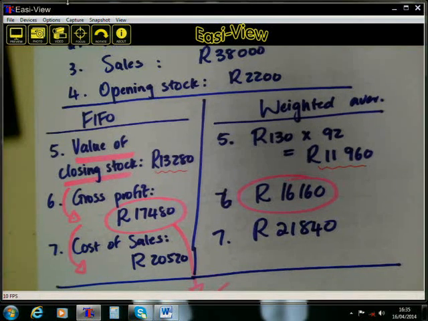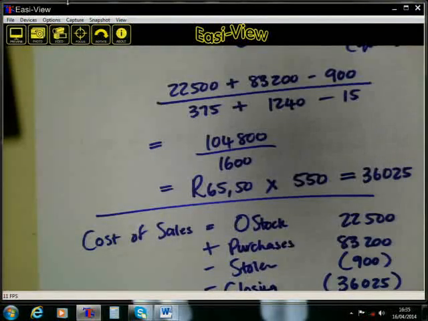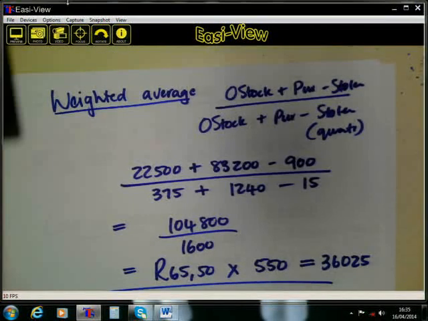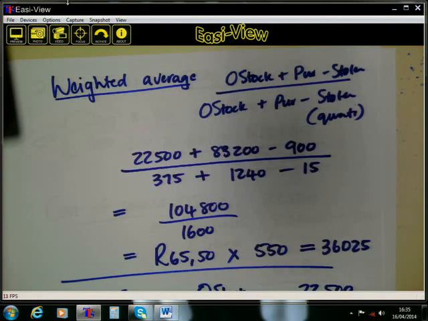In the weighted average method, there's a formula. That formula is opening stock plus purchases minus whatever was stolen in value divided by opening stock quantity, the quantity that we purchased, the quantity that was stolen, and that gives you a weighted average price, an average price of 65.50 Rand.